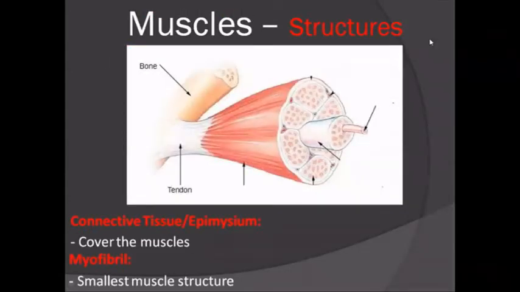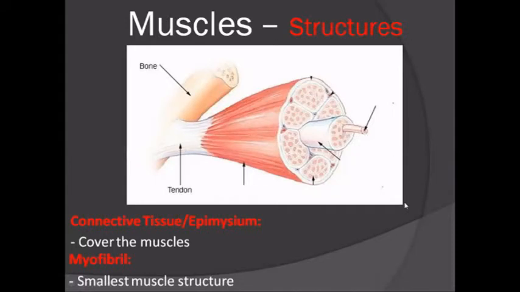The structures of muscle, we have here the first one, connective tissue or epimysium. So it covers the muscle. So as you can see, it is the outer layer. That is the connective tissue or epimysium, the outer layer. While myofibril is the smallest muscle structure. Or we can say that myofibril is a muscle inside the muscle.